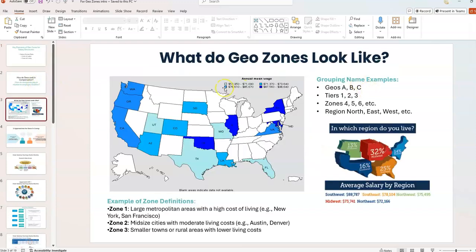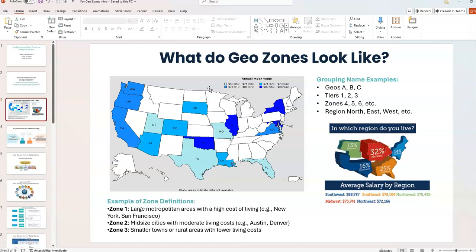Okay, so this gives you a couple of visuals of how a geozone in compensation in HR might work. The whole purpose is that companies look at certain geographic areas that the company defines, and they differentiate pay based on cost of labor or cost of living for those specific locations.